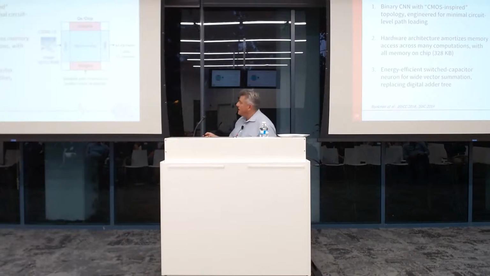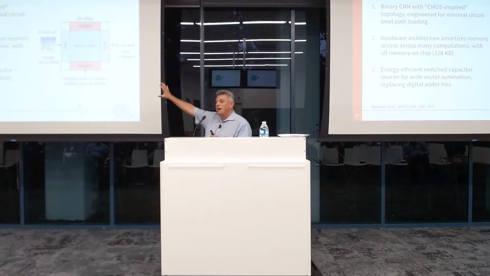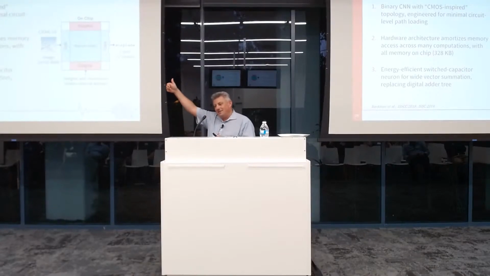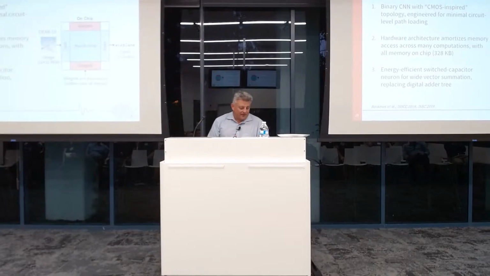So this chip actually has 328 kilobytes of SRAM on chip. So it's not a tiny, tiny chip. It's a little bit bigger because we have all this memory. But this cut out the DRAM access energy, right? And opened up the possibility of actually shooting up in the TOPS per watt. Right? Because if you don't cut out the DRAM, you're hitting your head against the ceiling.